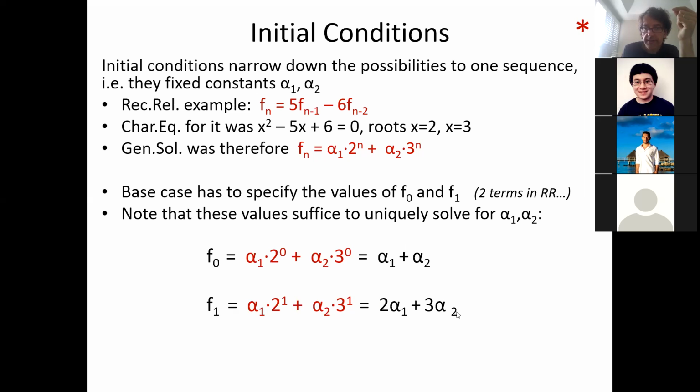So this gives you a system of 2 linear equations that you can solve for alpha 1, alpha 2, because f0 and f1 are given to you. These are defined as base cases of the sequence. For example, for Fibonacci, f0 is 1, f1 is 1. And now you can solve for alpha 1 and alpha 2, right? Because you have a system of 2 linear equations.